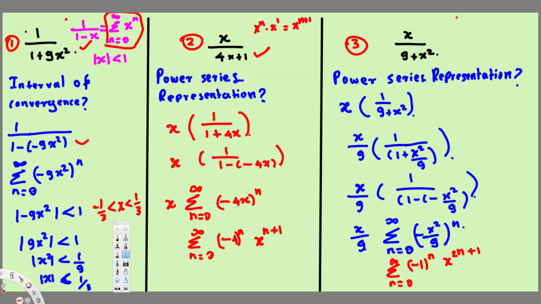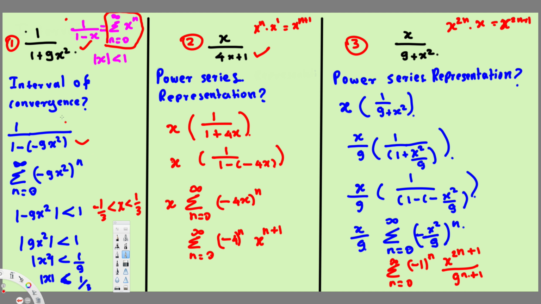Same as we did here. We have x to the power 2n already, and if I bring this x right here, this is going to be x to the power 2n plus 1. So that's how we got this one. And in the denominator we have 9 to the power n already, and if I bring this 9 right here, this is going to be 9 to the power n plus 1, and now we have the power series representation.